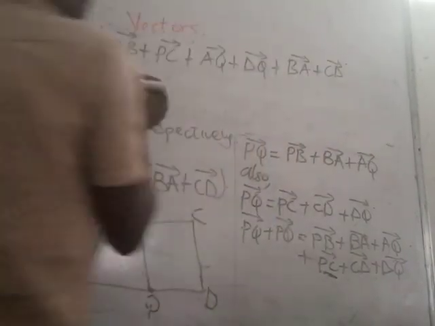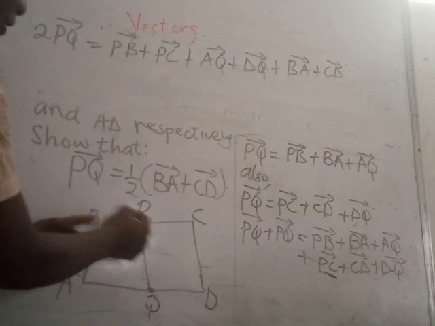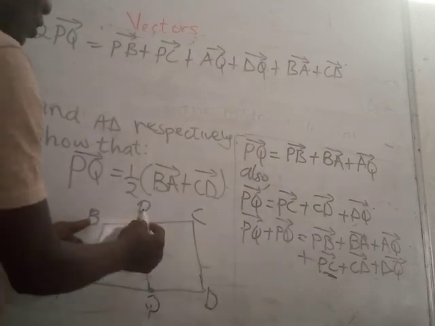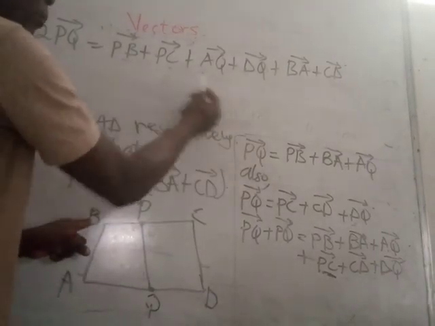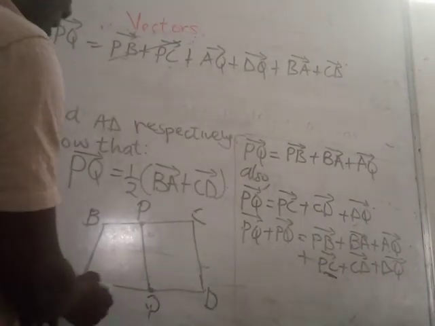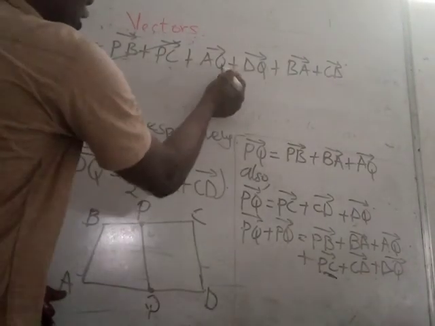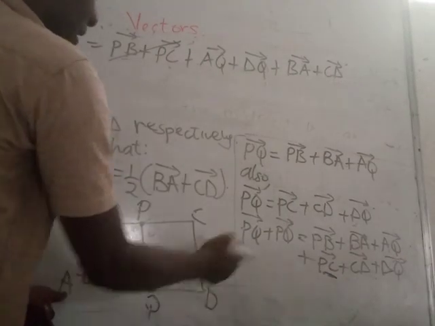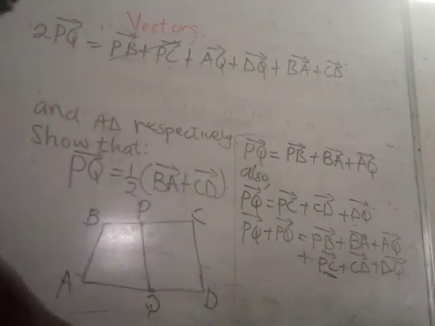PB is equal in magnitude to PC but opposite in direction, so they will cancel out each other. Again, AQ is in this direction, and DQ is equal in magnitude but opposite in direction.